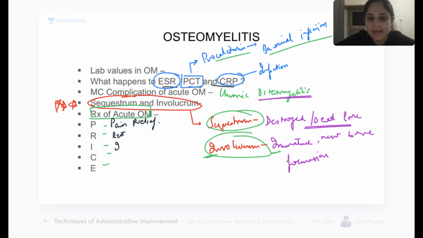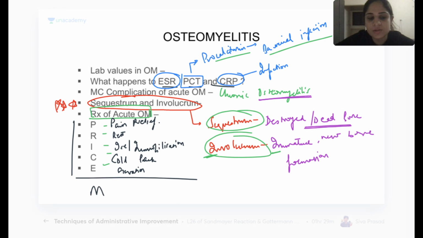I is ice or immobilization. C is cold pack and E is elevation. It's very similar to treatment of an undisplaced fracture. So just like treatment of fracture, you can use this PRICE formula for osteomyelitis also. And the mainstay of treatment will always be antibiotics.